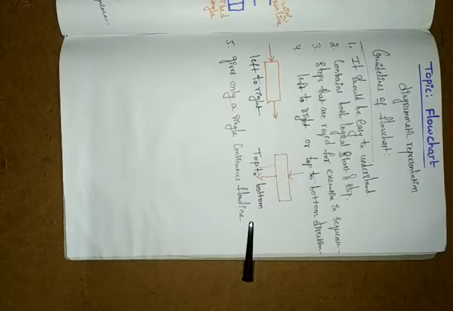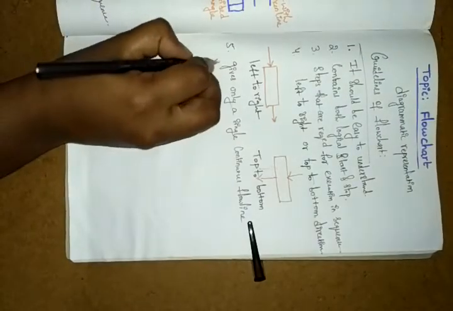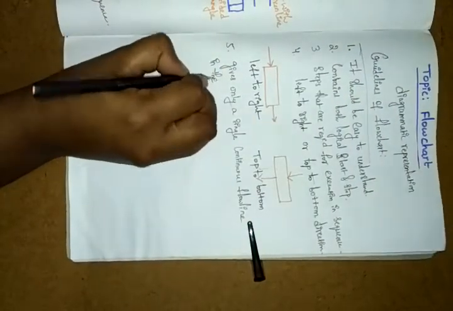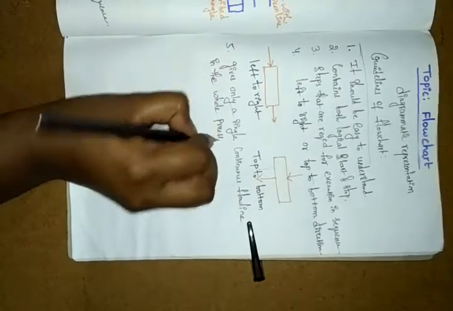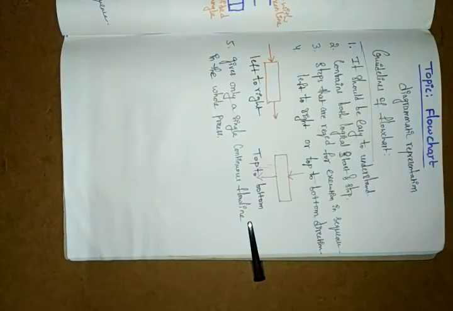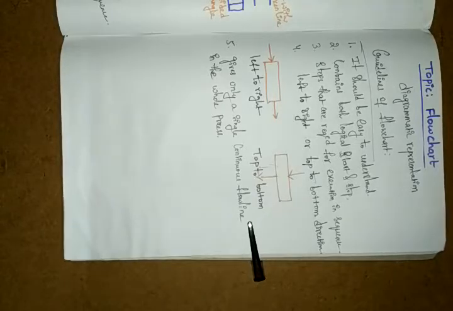Once you start the flowchart, until you end it, it takes only one continuous flow line. It is not stopping. The flow line is like an arrow.